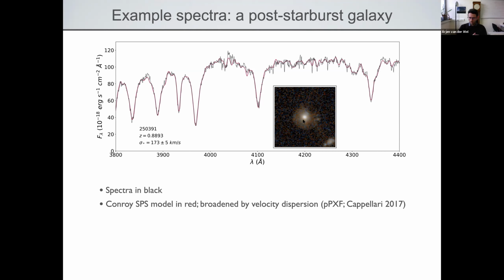So we take advantage of the multi-wavelength photometric data set as well. This post-starburst galaxy is characterized by very strong Balmer line absorption features. In red, you see the stellar population model that we use to measure the stellar velocity dispersion. We Doppler broaden the model until it matches the spectrum.